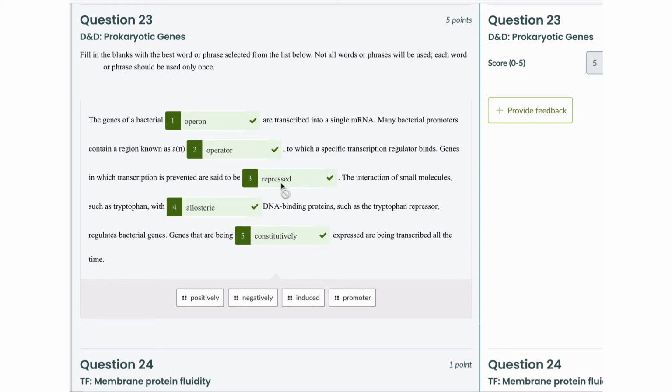Genes in which transcription is prevented are said to be repressed. Interaction of small molecules such as tryptophan with allosteric DNA binding proteins, again answered earlier in the exam, such as a tryptophan repressor, regulates bacterial genes. Genes that are being constitutively expressed are being transcribed all the time. It means they're always being transcribed. We use the word constitutive for that.